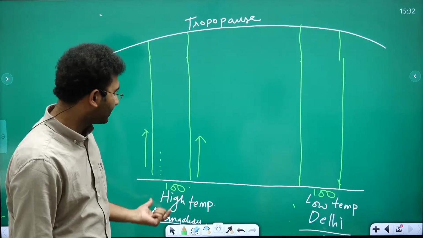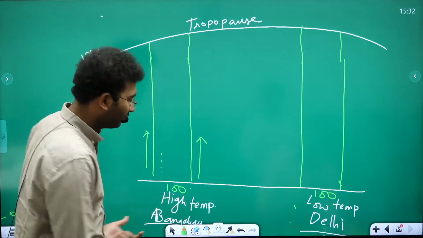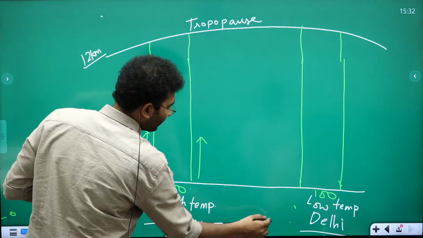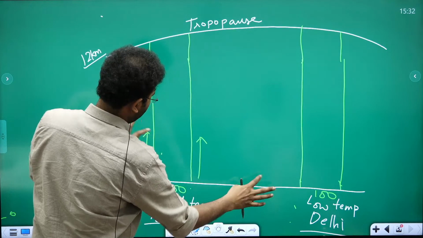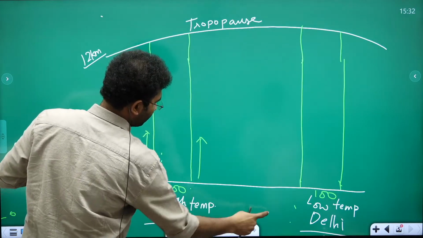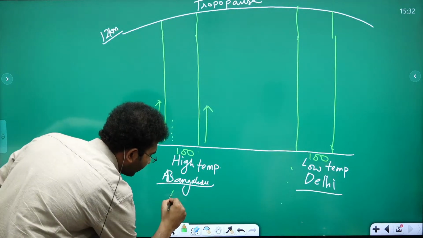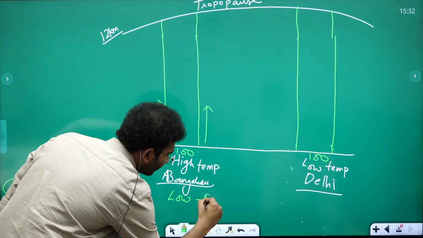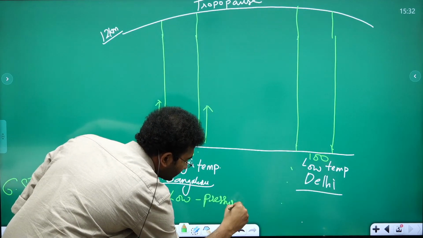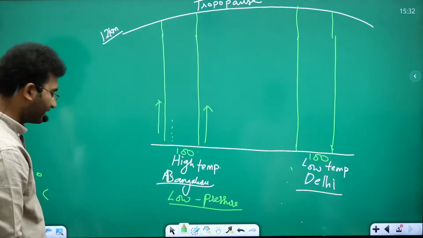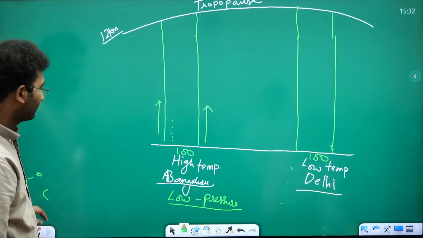In the low pressure, wherever there is high temperature, you will have comparatively low pressure. This is what you have learned in the previous slide, right?